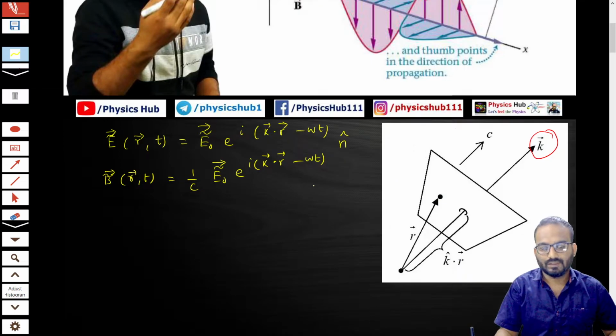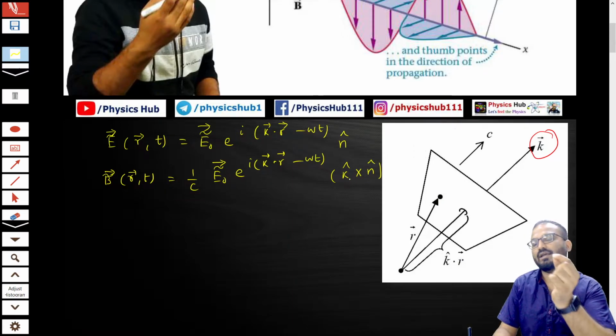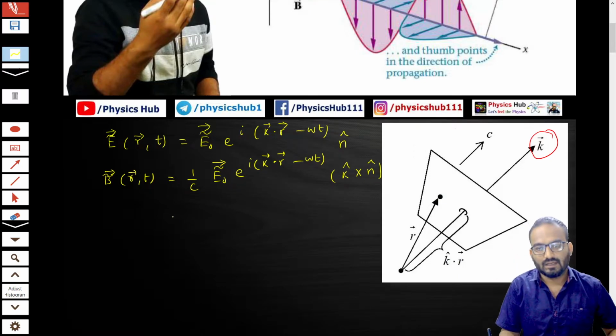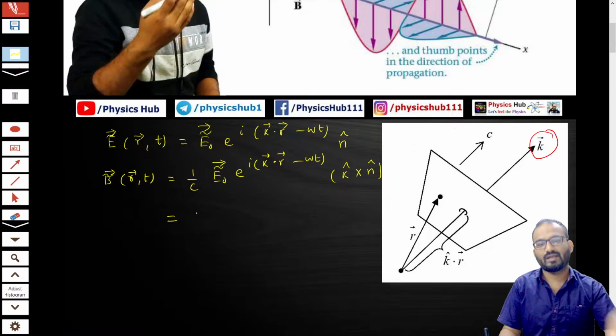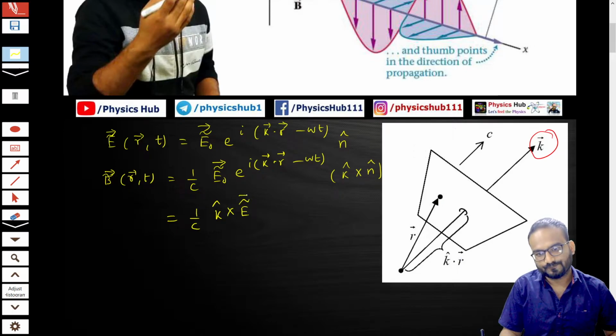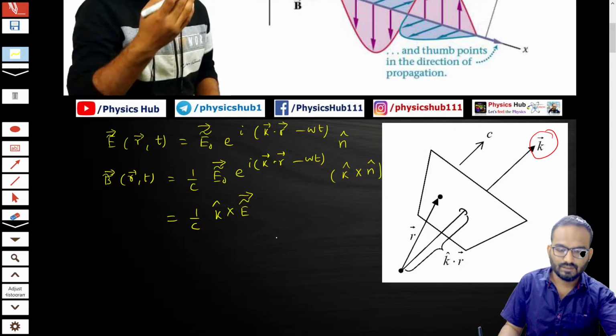So what you can write is k cap cross n cap, because the cross product of these two vectors will give a perpendicular vector, and k is in the perpendicular direction to this n cap. It has a simpler expression, which is 1 by c, k cap cross E. So if you are given E, using this relation you can easily find the expression for B.